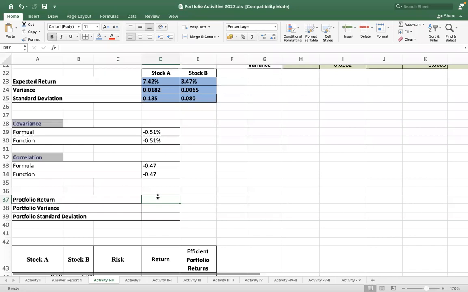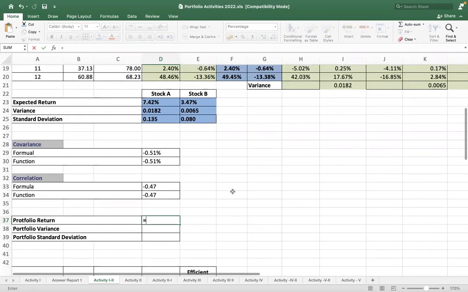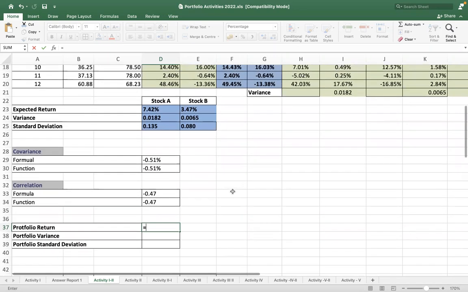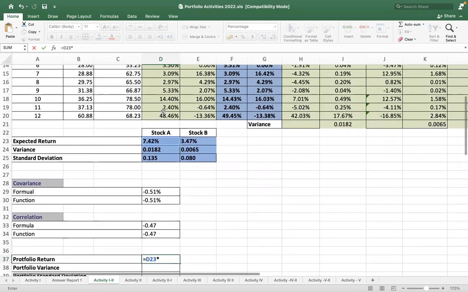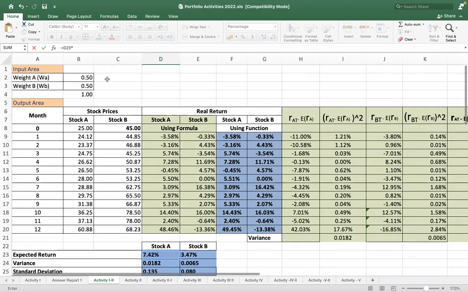Right. Then portfolio return. Portfolio return can be calculated as expected return of stock A multiplied by the given weight.